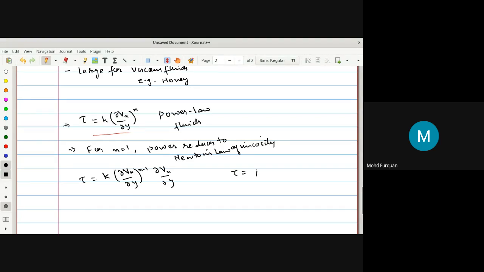It is tau equal to mu del Vx over del y. So if you compare these two, you can write mu is equal to k (del Vx over del y) to the power n minus 1. We generally take its modulus to make this mu positive, because it is a property of the fluid. This is called apparent viscosity.